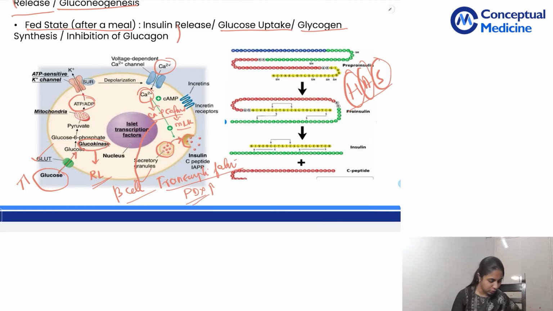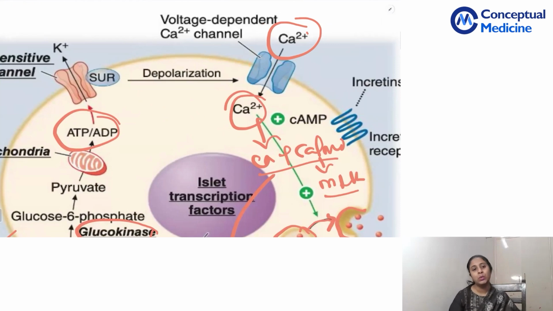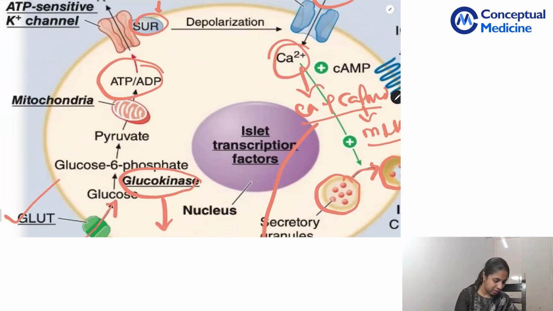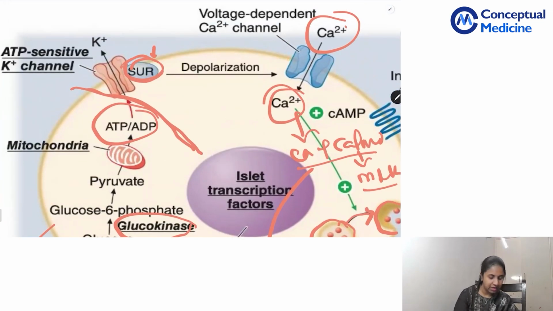If you look closely now into this again, this ATP sensitive potassium channel will have one more receptor on the surface of it that is called the sulfonylurea receptor. Okay, so only in this receptor your sulfonylurea will come and act. So we are bypassing this entire process here and we are directly stimulating the sulfonylurea receptor.